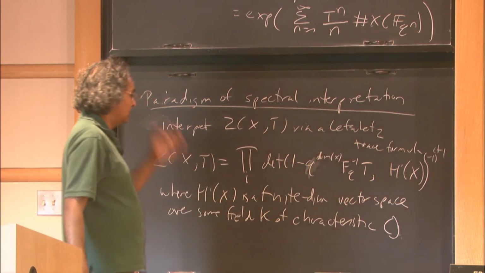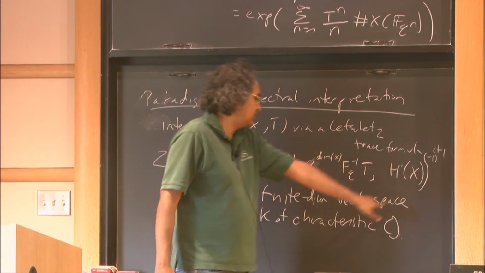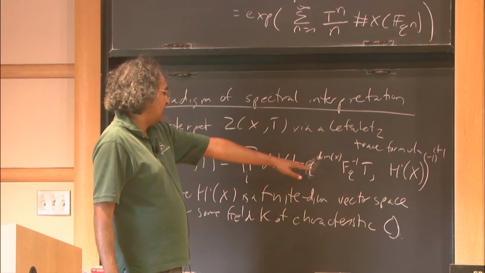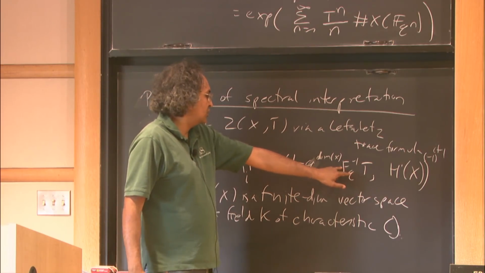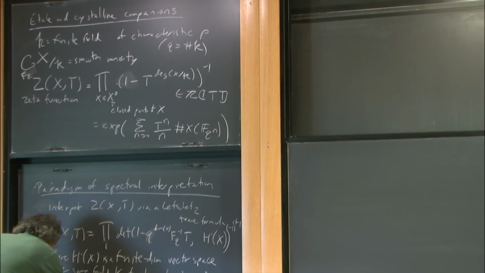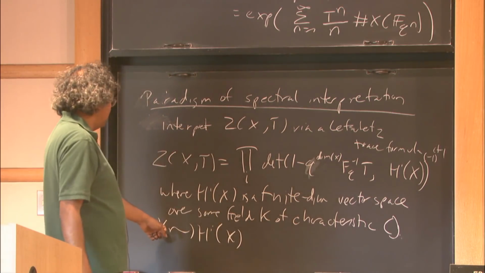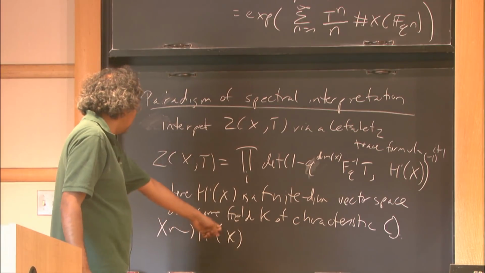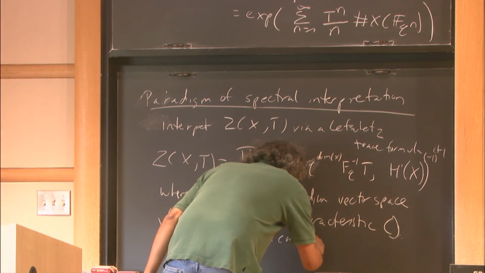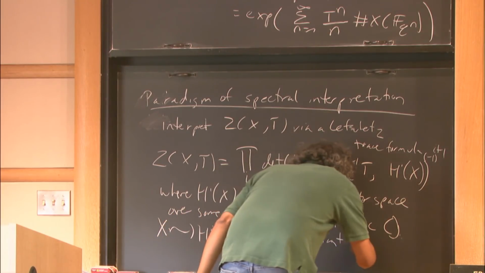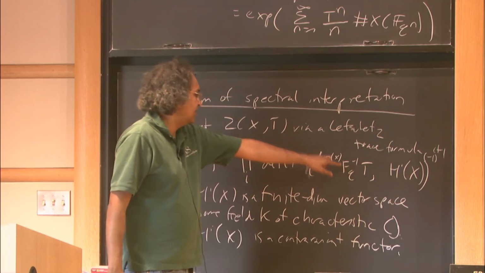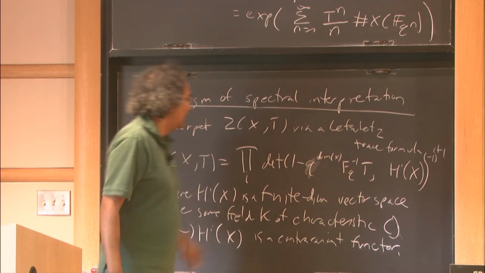So here I have some finite dimensional vector space over some field k of characteristic 0. And the operation that associates to x this H^i of x should be a contravariant functor. So in particular, I could take the action of Frobenius on here.